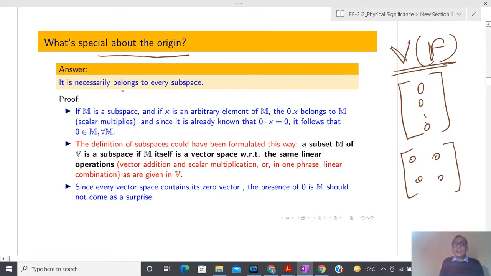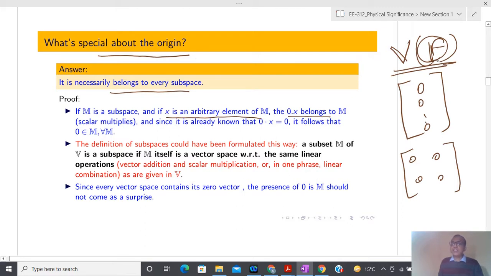Okay, so what is special about the origin? It necessarily belongs to every subspace. And why is that so? Because M is a subspace and x is any arbitrary element of M, then 0x belongs to M. I have to make sure that if I multiply a field element with vectors, then the result remains inside the space.